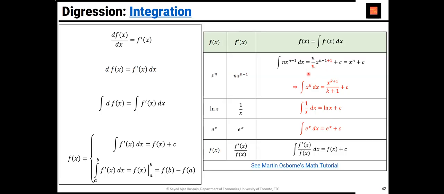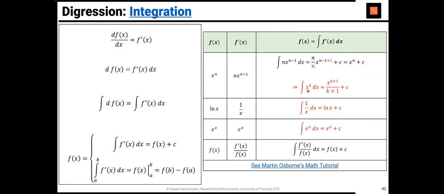Because the trick is, take whatever number is sitting in the power of x and add 1, right? So that gives you n minus 1 plus 1, which is simply n. And then you divide by that number n over here as well. You can see that works because n divided by n becomes 1. This was x to the power n minus 1 plus 1, which is x to the power n. This works now because if I differentiate this, I get n x to the n minus 1.